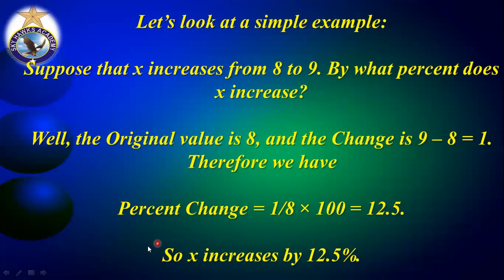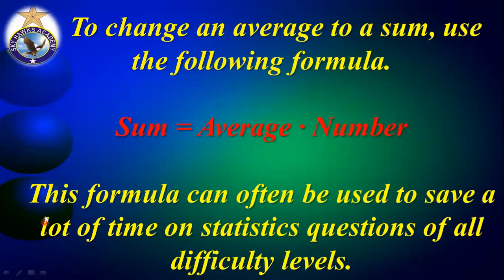Anyhow, we are just moving to the next slide. So the next formula is this one: to change an average to a sum, use the following formula. What I mean to say is that average, or arithmetic mean, or the central value, or the rate, whatsoever it is.